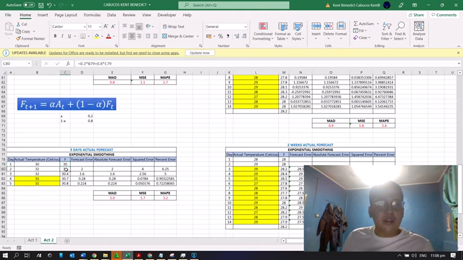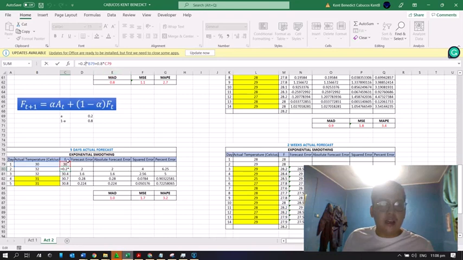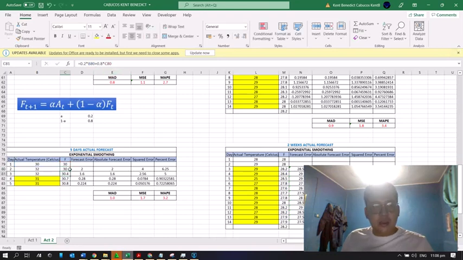After that, for the second day we're going to use the formula: alpha 0.2 times our actual temperature, first day 30, plus 0.8 times our forecast 30. So we get our forecast 30, and so on.